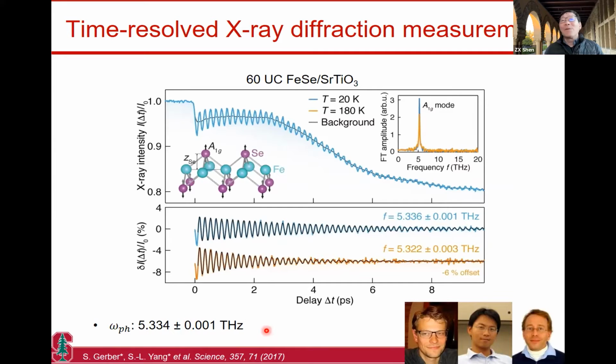We're pretty lucky that Raman scattering is done in this case, and it turns out this mode is exactly the vibration that is moving these atoms up and down. So that's what we want.